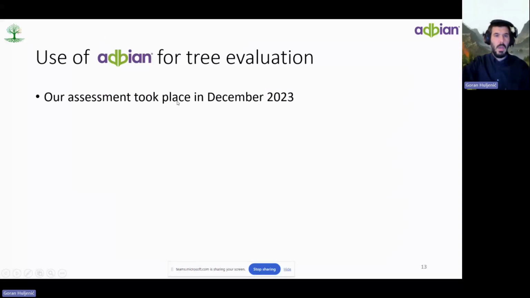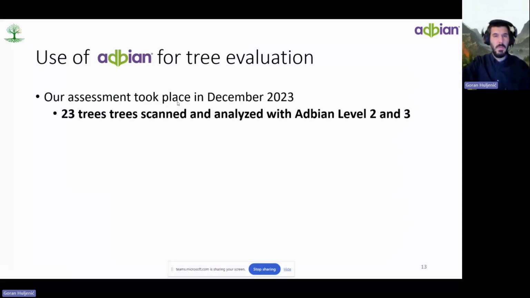So in December 2023, we decided that we would do a reassessment of the trees because they are really severely damaged and we needed to do something to further monitor them. So of 28 trees, 5 were removed because they had no future in that damaged state, and 20 trees we scanned and analyzed with Adbian level 2 and level 3.